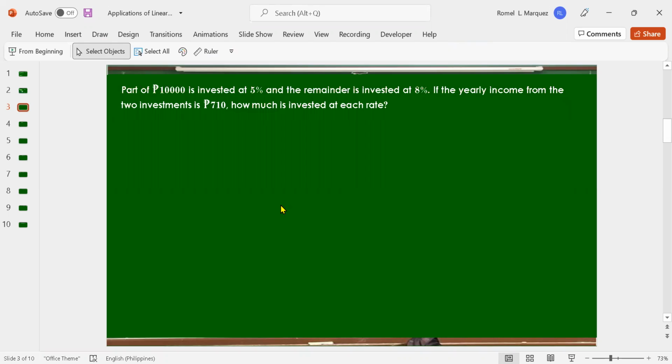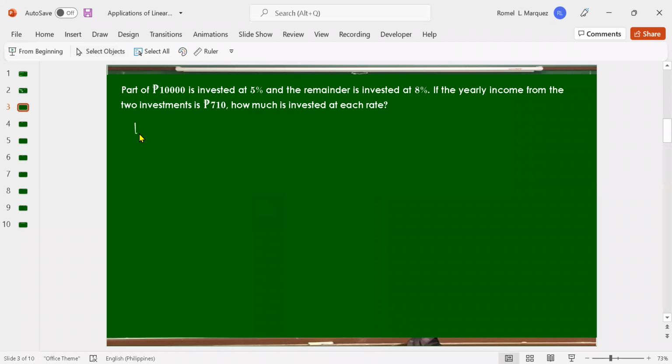Part of 10,000 is invested at 5%, and the remainder is invested at 8%. If the yearly income from the two investments is 710, how much is invested at each rate?